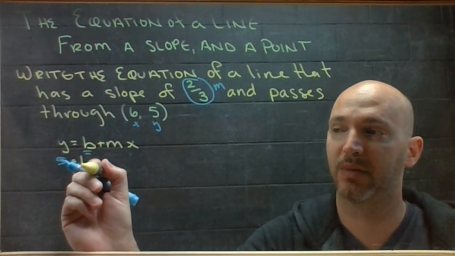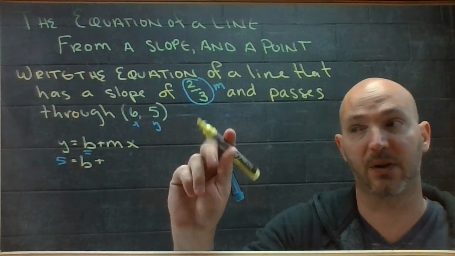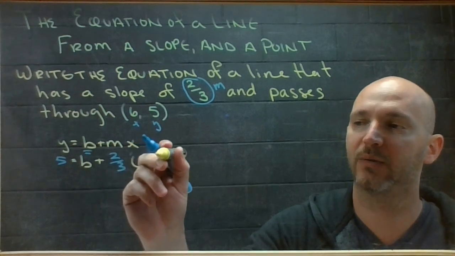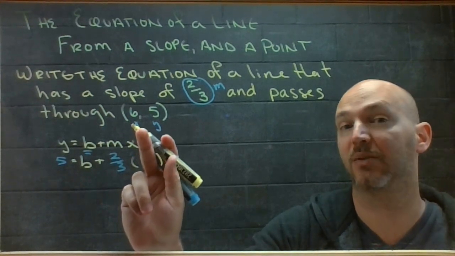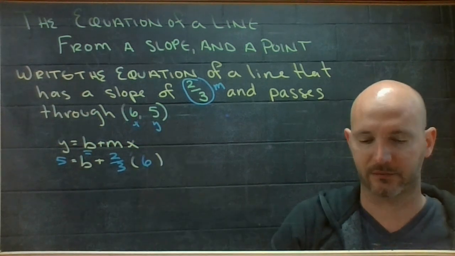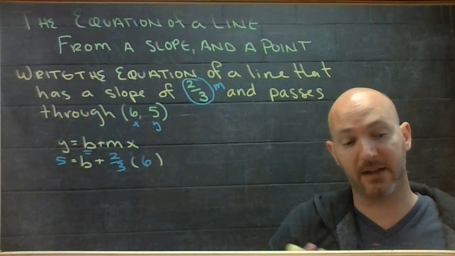I don't know what b is, but I know that the slope is 2/3. And I know that the x value at the place that I'm trying to go through is 6. So if I can work that out, I should be able to get a value for b.